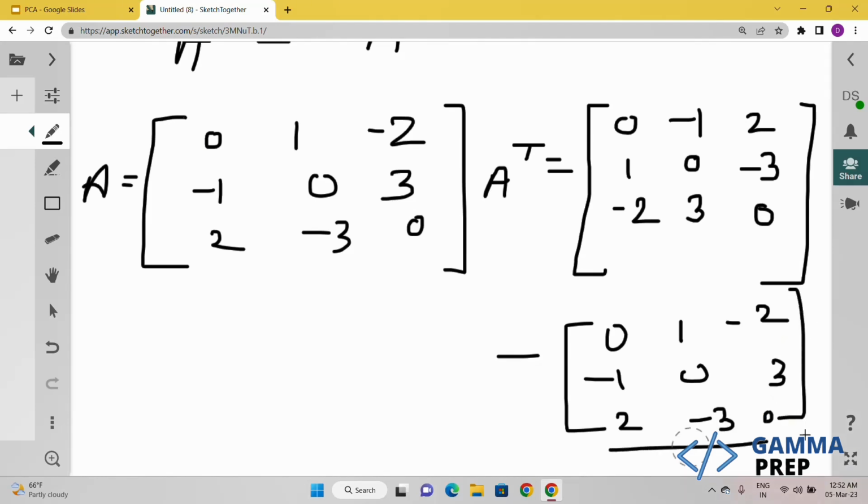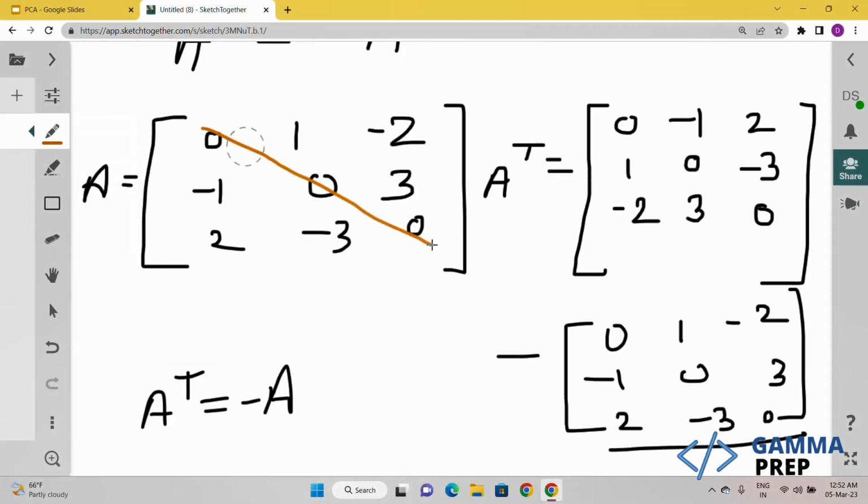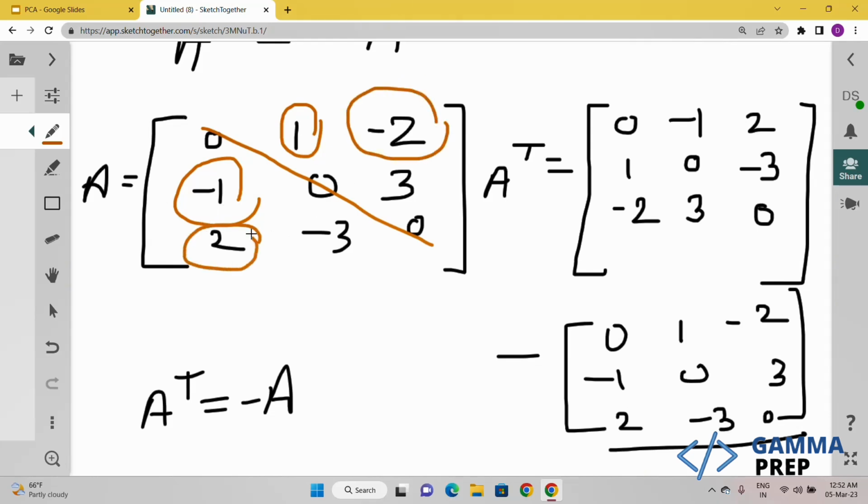Now this is basically your A. So your A transpose is equal to minus A. That type of matrix is called the skew symmetric matrix. So A is a skew symmetric matrix. In a skew symmetric matrix, ignore the primary diagonal elements, but the first row second column element will be the negation of the second row first column element. The first row third column element would be the negation of the third row first column element, and so on.